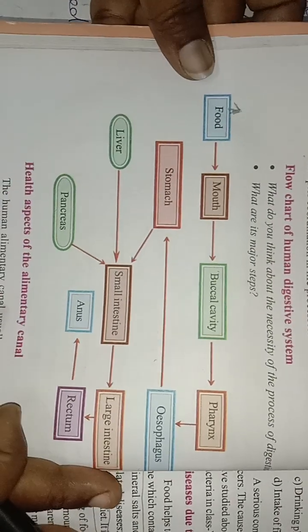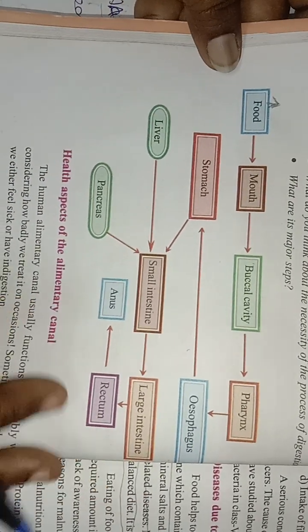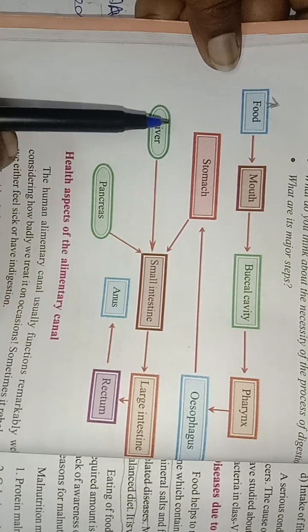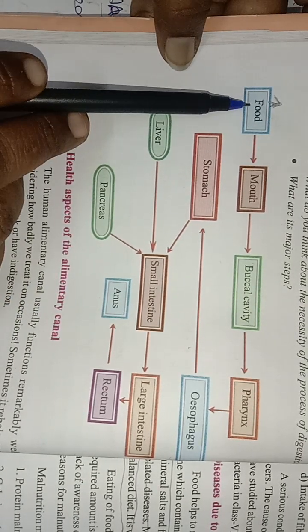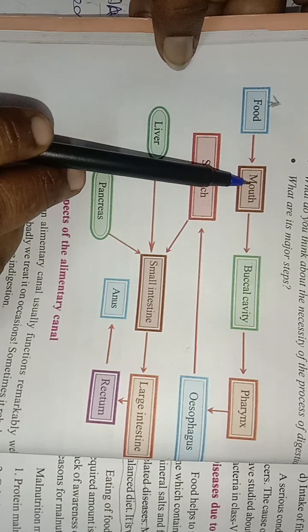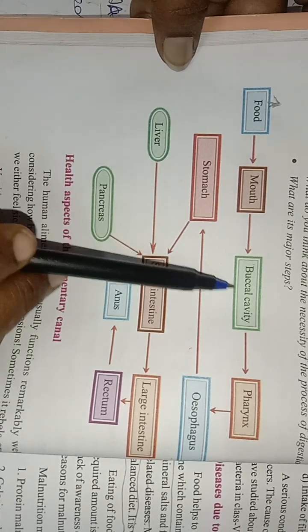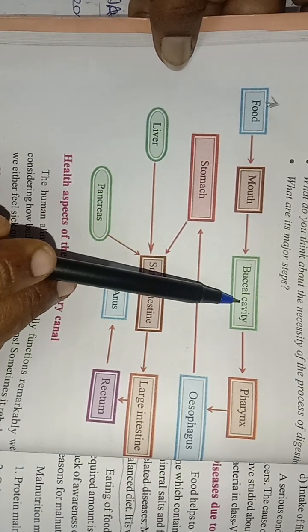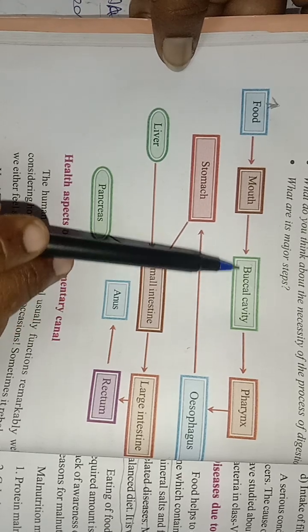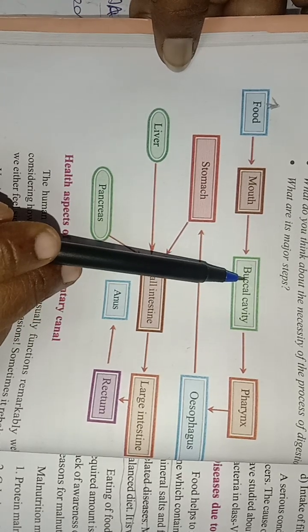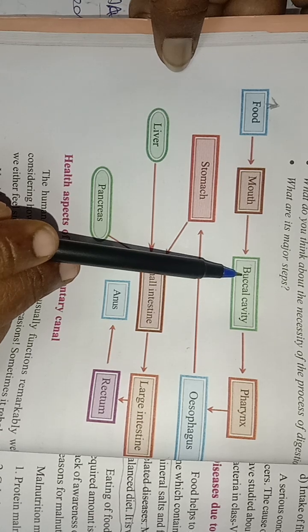Next, flowchart in human digestive system. How food is traveling throughout the alimentary canal, right? So food is taken through mouth, right? What is happening in the mouth? So in the buccal cavity, salivary glands release salivary juice, right? And food is mixed with the saliva. Here mastication happens.